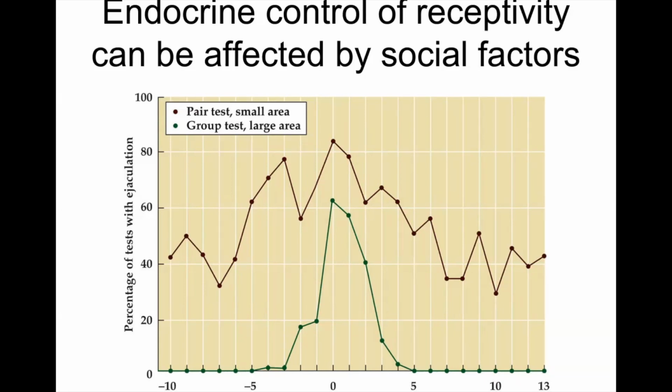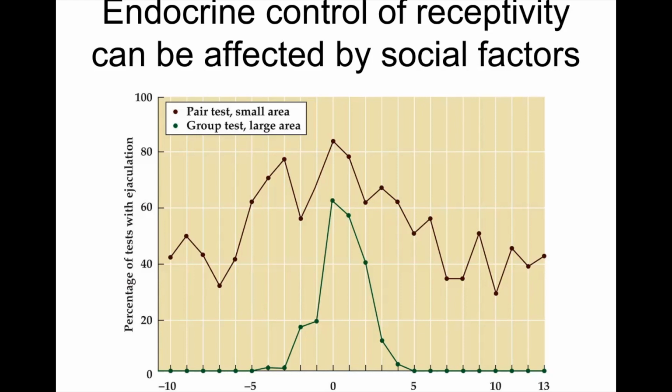In this study, they investigated the effects of a male and a female being placed together in either a small testing environment, think more like a private room with just the male and the female present, whereas the other would be a large colony, composed of many different monkeys from the troop.